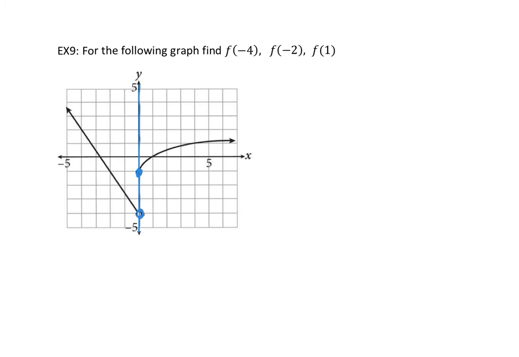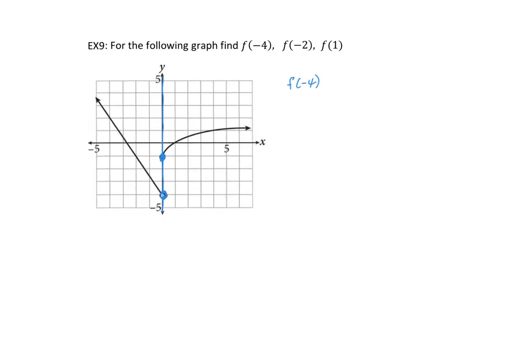What we want to do is find f of negative 4, f of negative 2, and f of 1. So f of negative 4 says we go to negative 4. Since this is a negative 5, on this particular graph, not every tick mark or grid mark is labeled, but I can tell that since I have negative 5, that I have 1, 2, 3, 4, 5, that negative 4 must be right next to negative 5.